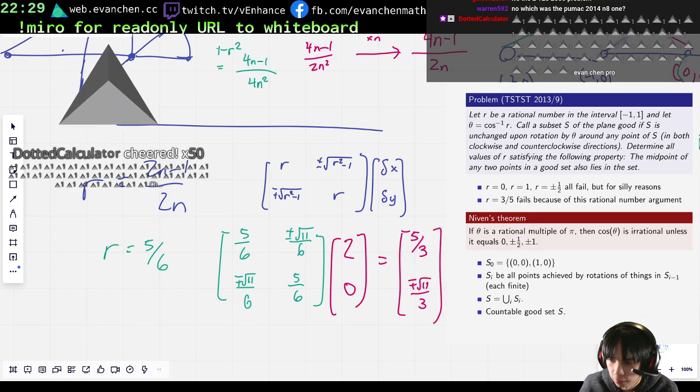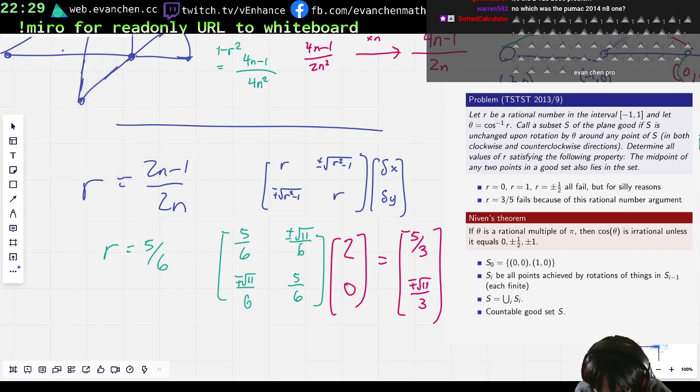Thank you, data calculator, for the 50 bits. Right. So I think the sentiment is that, yeah, these are all denominators.